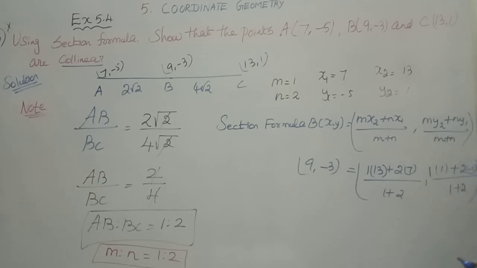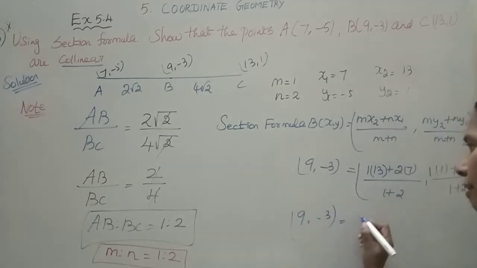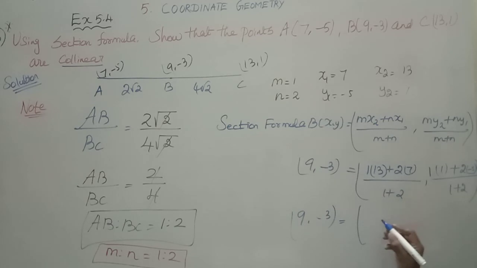Okay, now write this. 9 comma minus 3, are you getting? 1 13s are 13 plus 7 2s are 14 by 3, because 2 plus 1 is 3, comma 1 minus 5 2s are 10 by 3.